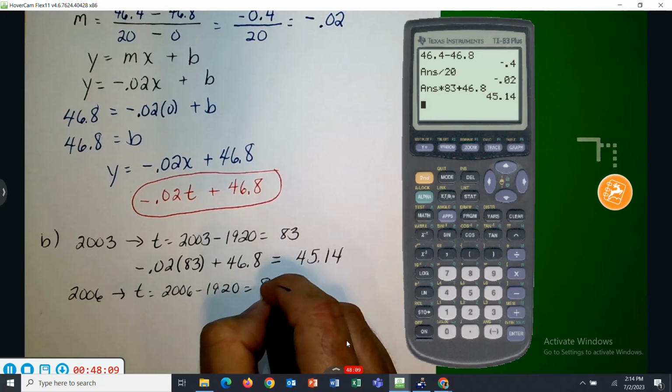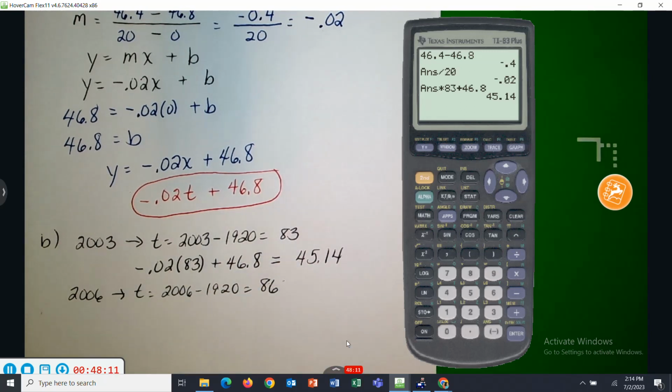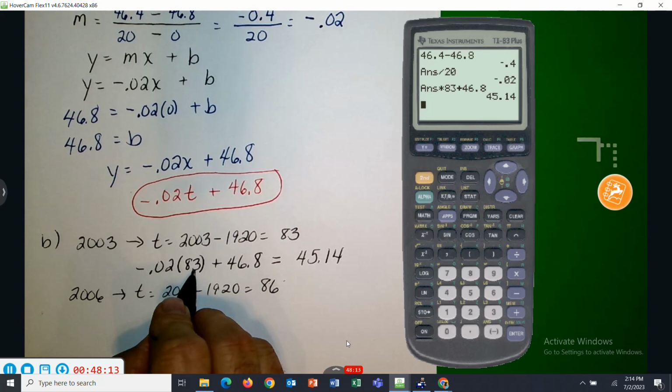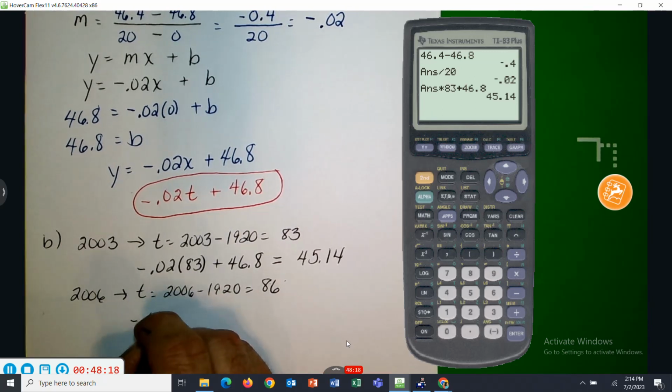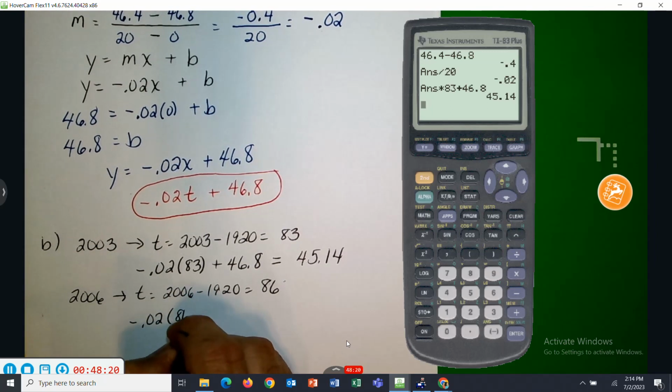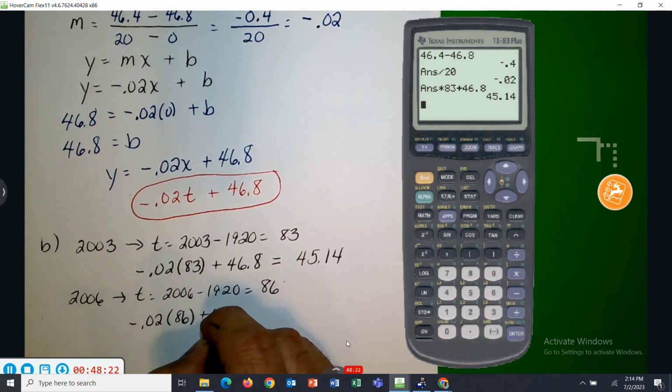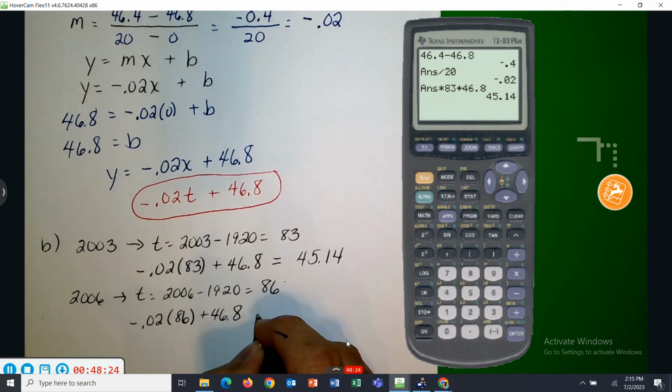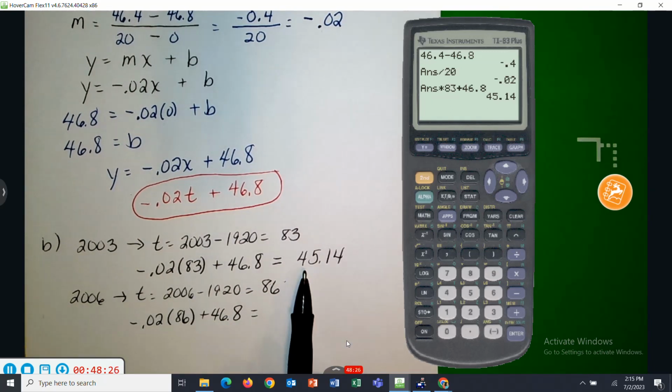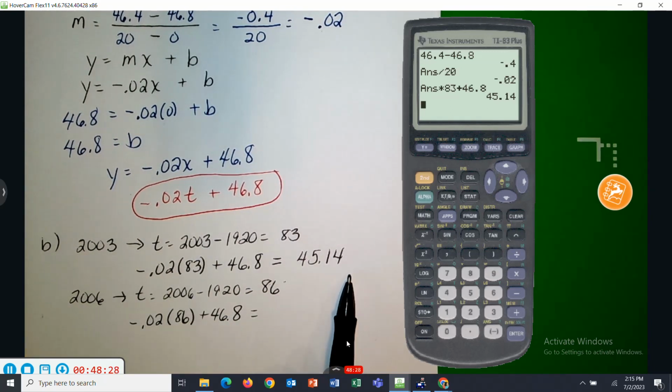Some of y'all are ahead of me, so 86. Plug an 86 instead of an 83 there. Negative 0.02 times 86 plus 46.8. Should we expect this to be a number larger or smaller than 45.14? Well, it better be smaller than 45.14, or else it's not a new record. 45.14 is still the record.